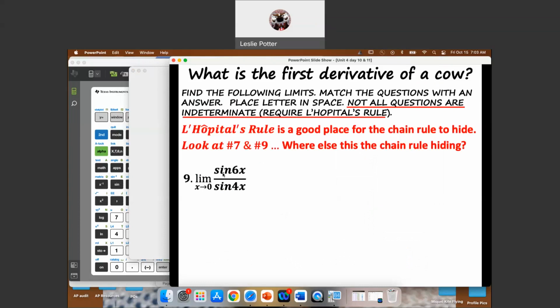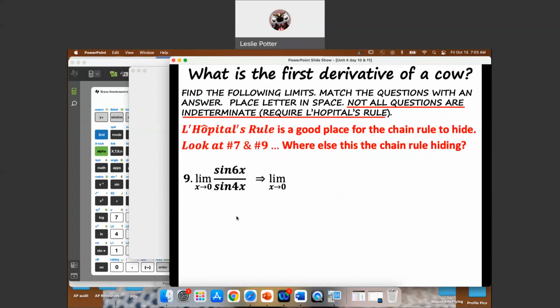So we have a trig function and then another linear function, 6x. We plug in 0, we get sine of 0 over sine of 0. We know sine of 0 is 0, so this is 0 over 0. So we know that L'Hopital's is an appropriate course of action since we have an indeterminate form.